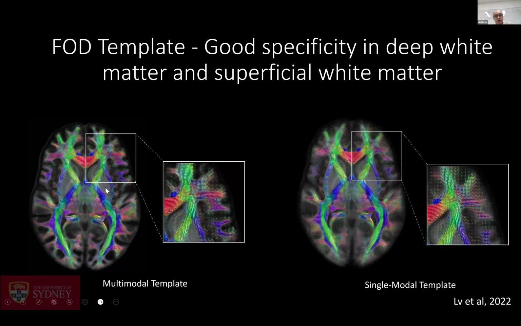Particularly, you can see quite nice folding patterns of the gray matter, and we also see a very nice white matter gray matter boundary. This is a very important improvement compared with the previous single modal template.